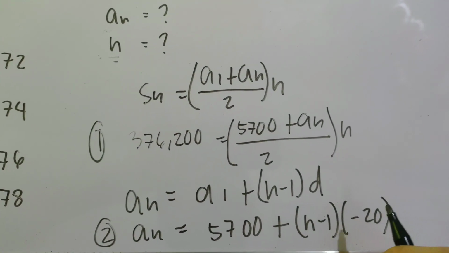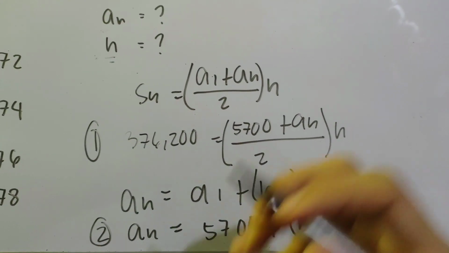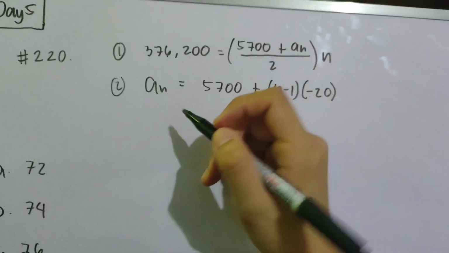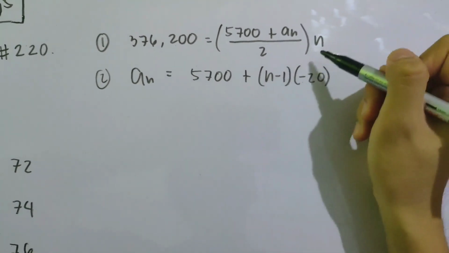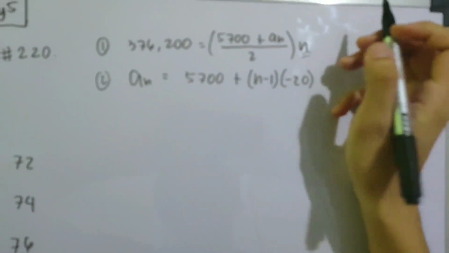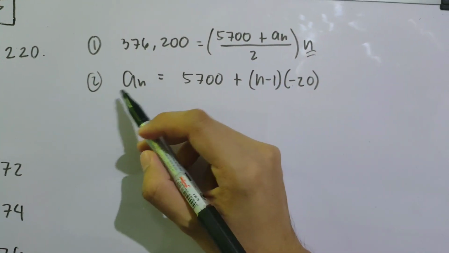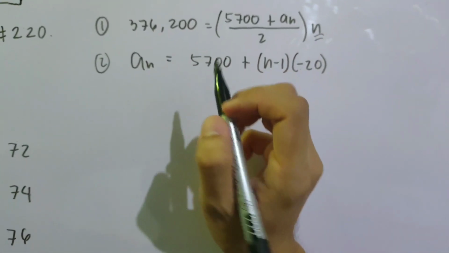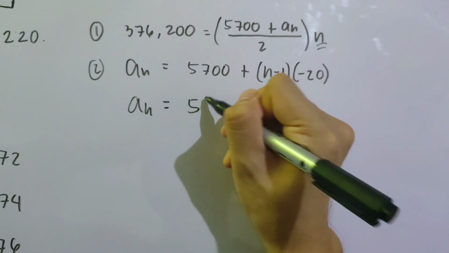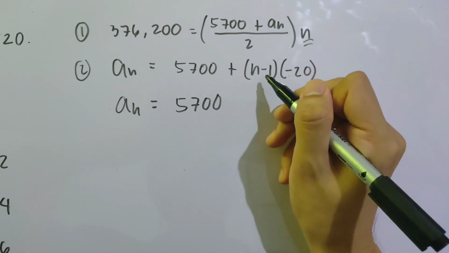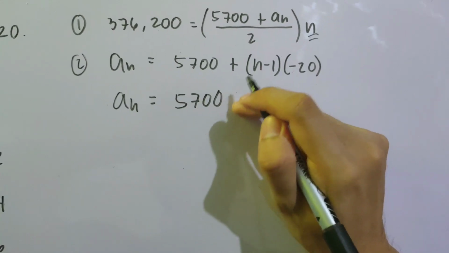Ngayon, meron na tayong 2 equations with 2 unknowns. Masasolve na natin yung AN at yung N. So mag-erase muna tayo. Since ang hinahanap natin ay yung number of days or yung N, dapat ma-eliminate natin yung AN. So i-simplify muna natin itong second equation natin, tapos kunin natin yung value ng AN in terms of N. So AN is equal to 5,700, tapos pag dinistribute natin, magiging minus 20n.